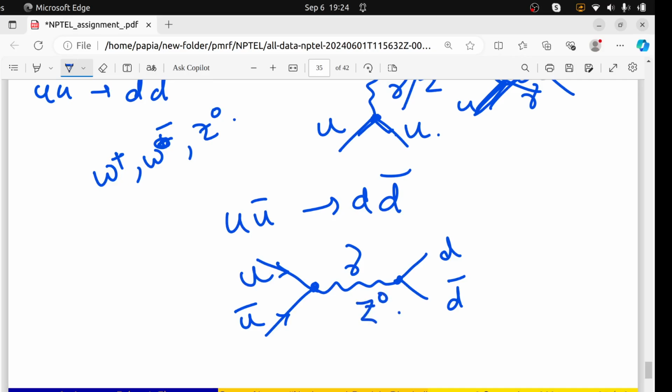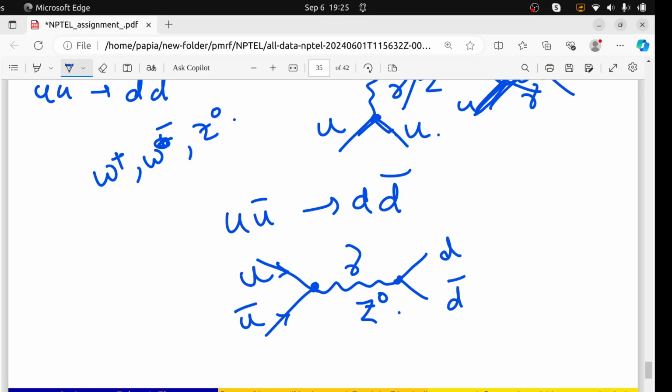Now you can ask that there is no lepton, then how can it be Z0? That's why I told most of the cases lepton should be there in weak interaction, but not all the cases. It's not true that in all weak interactions a lepton should be there. Here lepton is not there, but still the process can be done. And obviously you can see gamma, Z0.